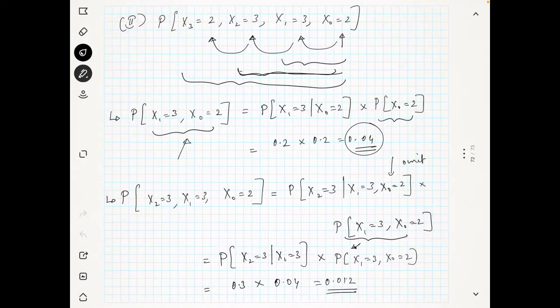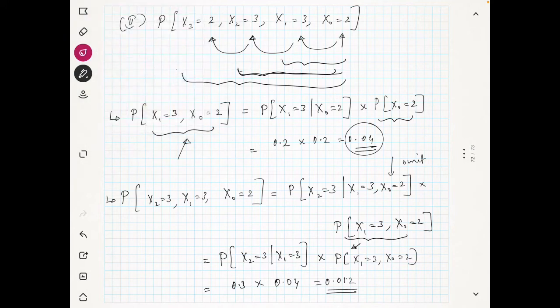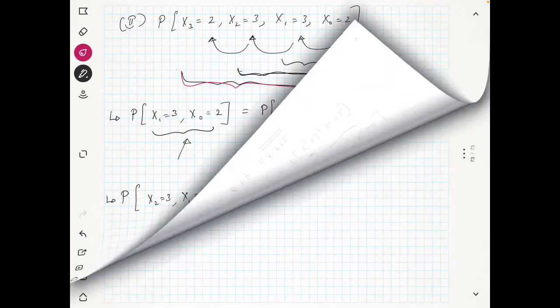Now we will take the whole thing. I told you we will take the whole thing, from the first to last.